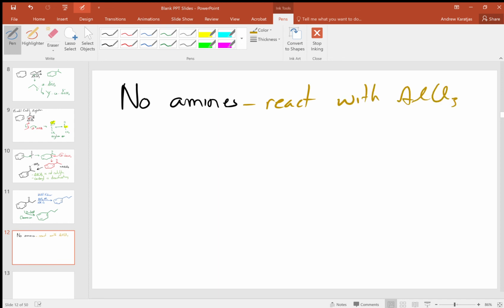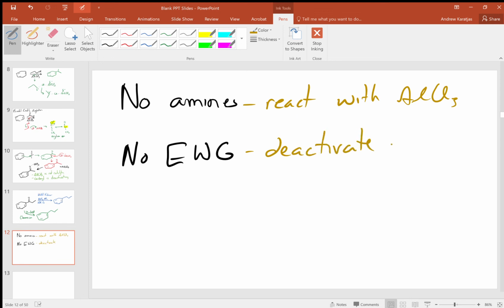And obviously, if you've used up the aluminum chloride, then no reaction can take place. The second one is in a Friedel-Crafts reaction, you cannot have any electron withdrawing groups. Any electron withdrawing groups will deactivate the aromatic ring to such an extent that it's no longer a good enough nucleophile.